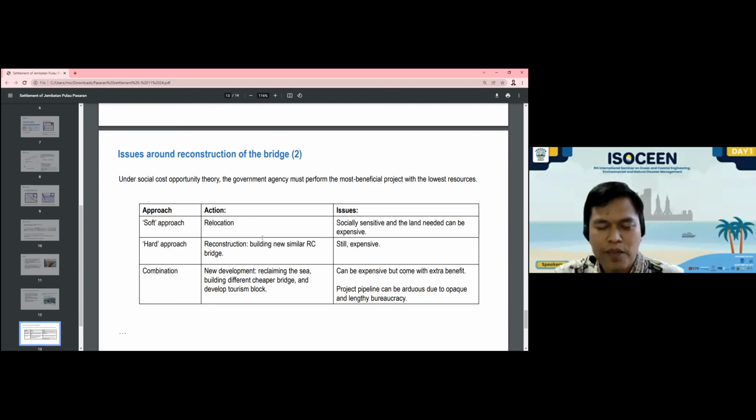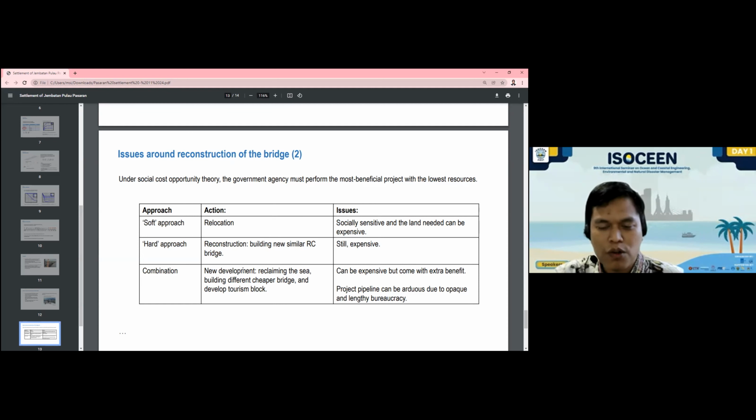The city can make new land in the vicinity of the bridge, building a different, cheaper bridge, which may be in the form of a reinforced concrete bridge with a shorter span, and develop a tourism block.